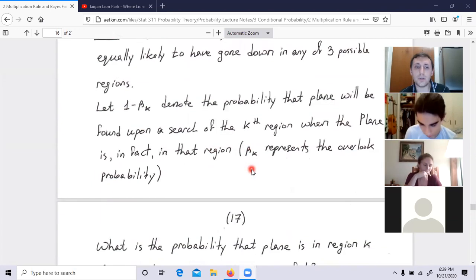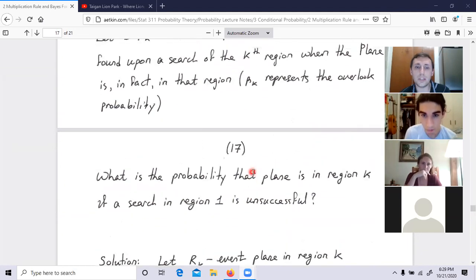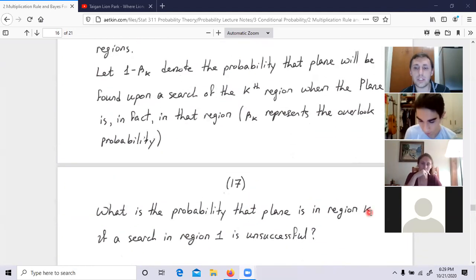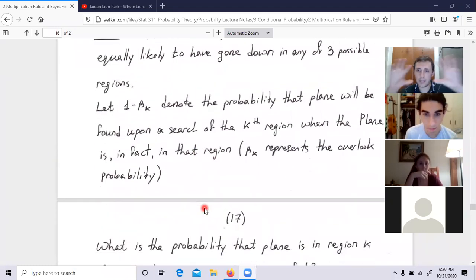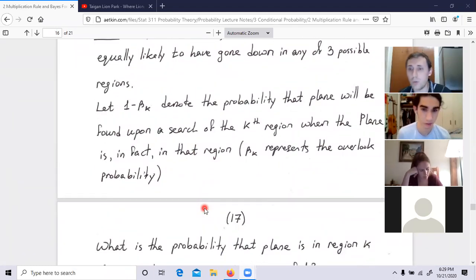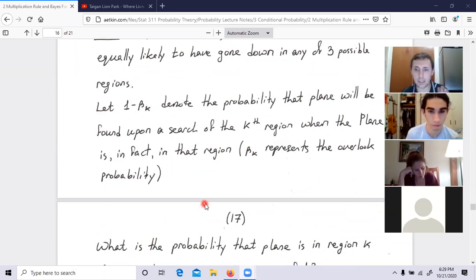So then the question is this: what is the probability that the plane crashed in region K, where K is 1, 2, or 3, given that a search of region 1 was unsuccessful? You understand the question, right? There are symbols here, but really there are 3 regions. We searched region 1 and did not find it. Each region has an overlook probability. In other words, if the plane is there, you might not find it, even if you search. So you can only answer it symbolically, of sorts.